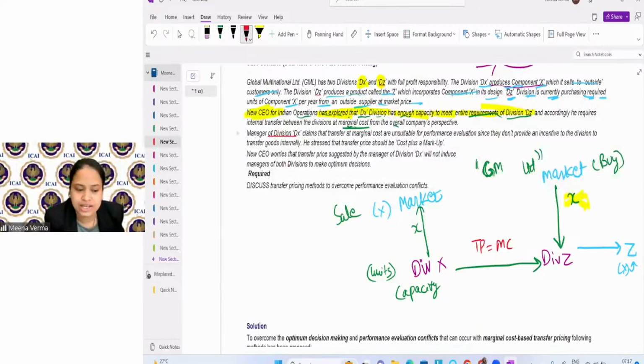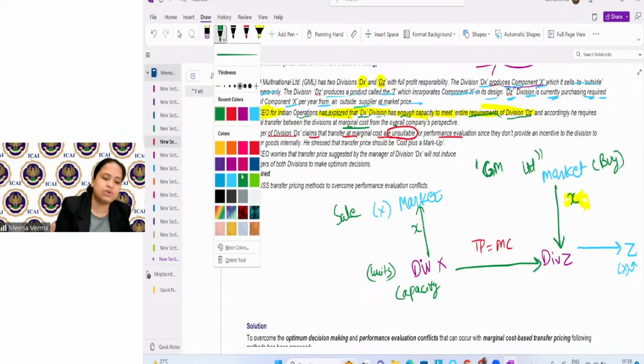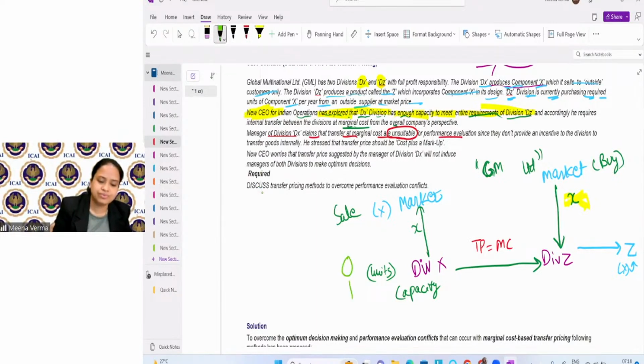The manager of division DX claims that the transfer at marginal cost is unsuitable for performance evaluation. Look, their performance is evaluated, right? The performance evaluation of the manager of division X and the performance evaluation of the manager of division Z will take place.